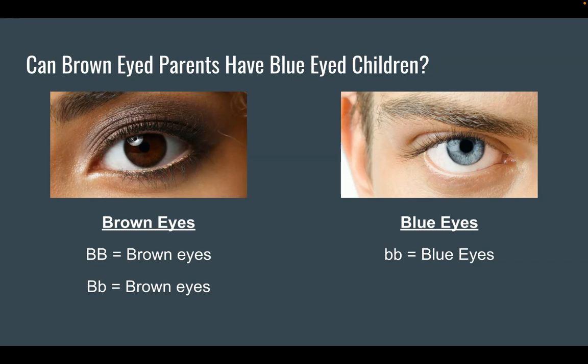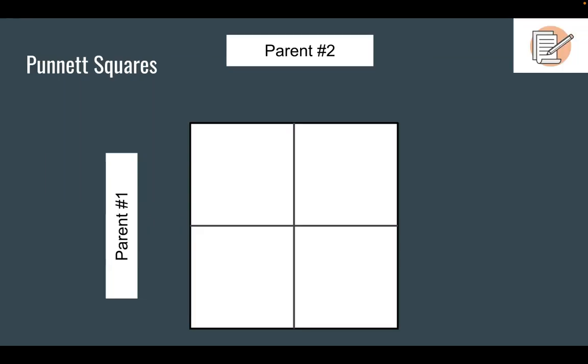Blue eyes only come about if somebody has two recessive alleles for b. In this example, we're going to pretend that both parents are dominant recessive for brown eyes. Again, we start with our blank Punnett square. We'll put parent number 1 on the left and parent number 2 on the top.